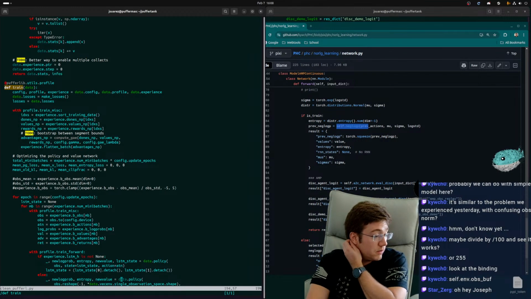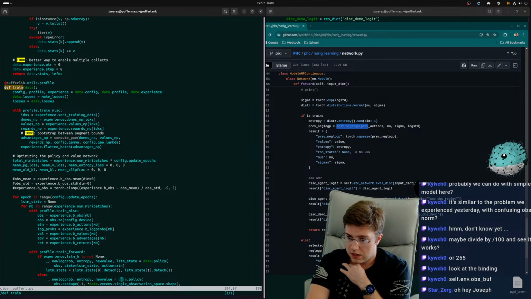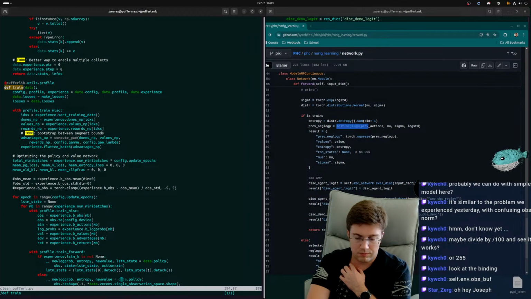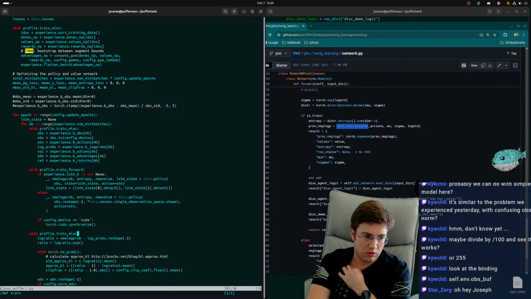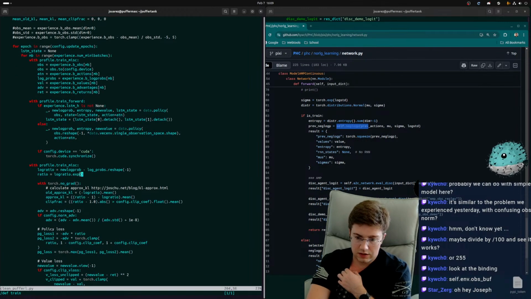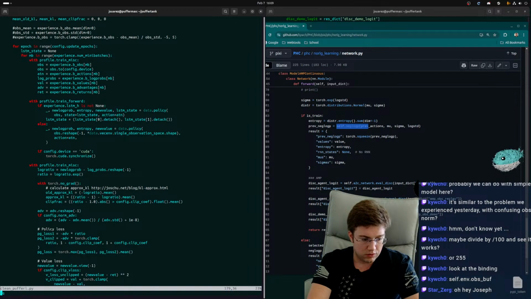Now we do need AMP obs, AMP obs replay, and AMP obs demo to be recorded. So I need to get these into here, and then I can compute the loss, and then we should be good. Okay.